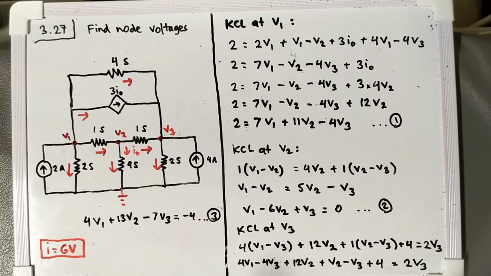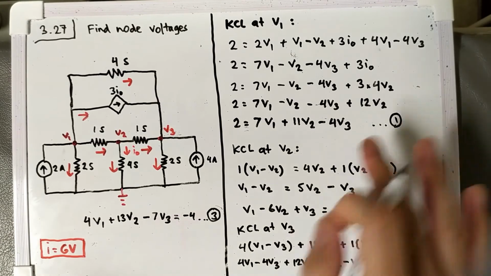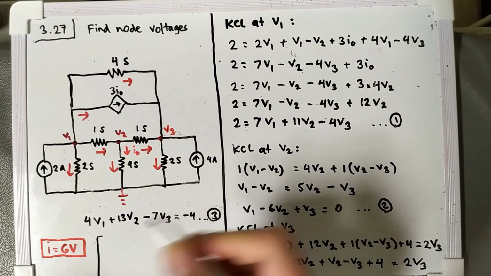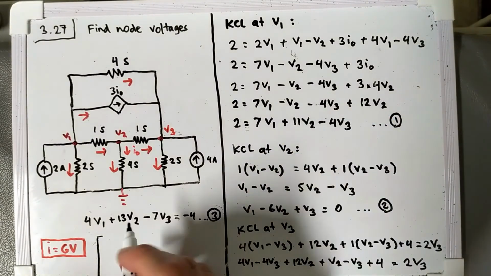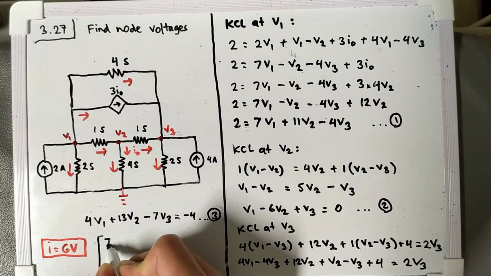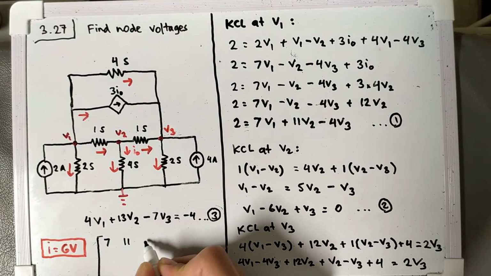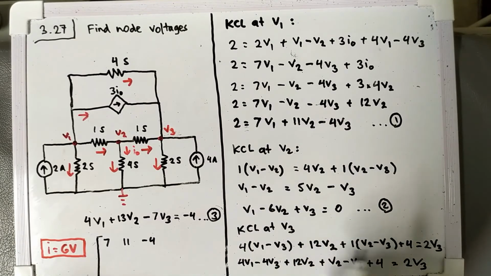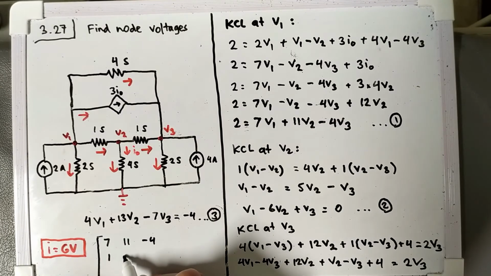We have these three equations, 1, 2, and 3. The only thing we need to do is solve them, so let me write the matrix that we need to solve in MATLAB. The first row is 7, 11, and minus 4, the second is 1, minus 6, and 1, and the last is 4, 13 and minus 7.